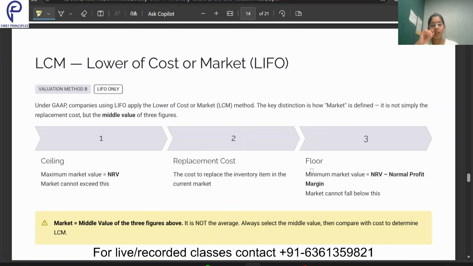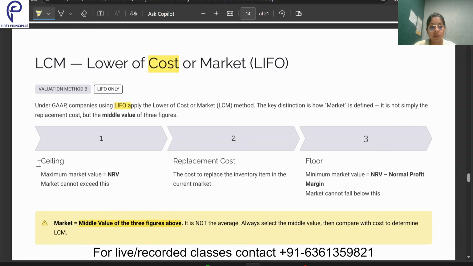Then coming to the LCM method, lower of cost or market method. The lower of cost or market method is used when the company is using the LIFO method. So what is the distinction over here? First of all, we need to determine the market value. Cost, anyways, we will know of the inventory. But how do we determine the market value? Market is the middle value of 3 figures.